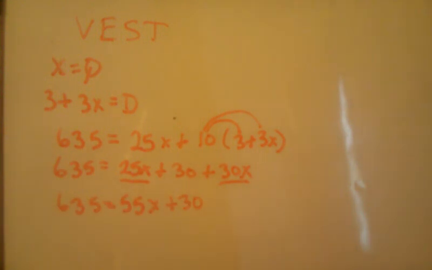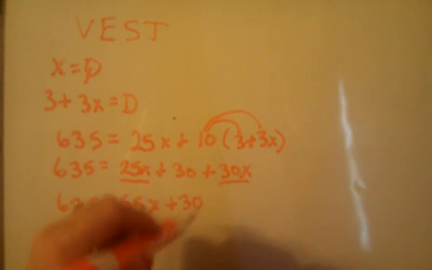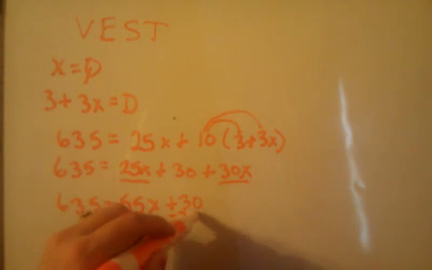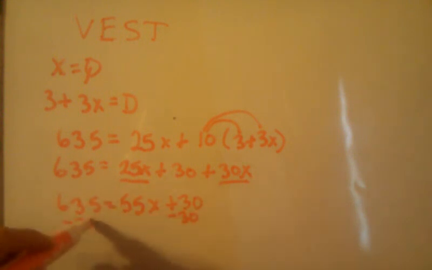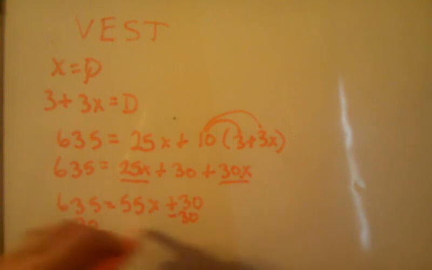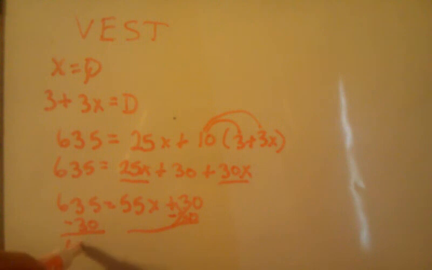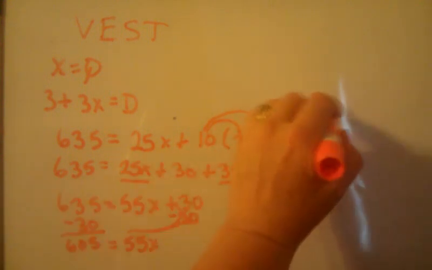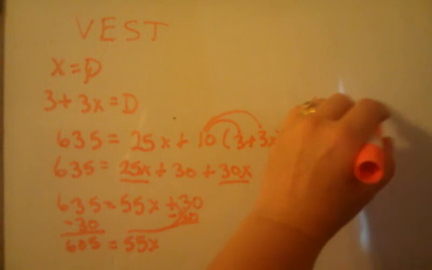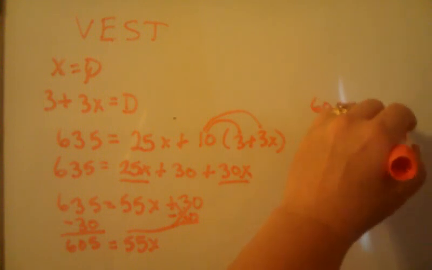Next I need to add or subtract. Which term is the same as this one? This one is. So I need to subtract the 30. 605 equals 55X.